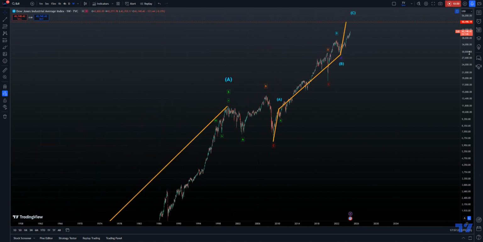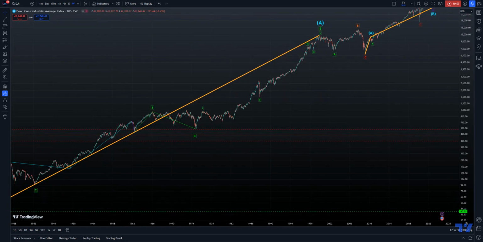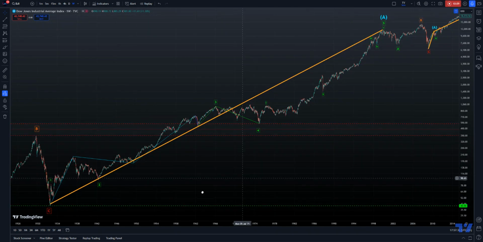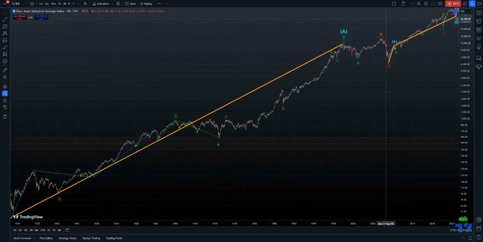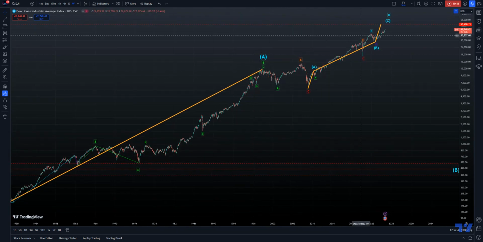So, okay, let's just say we zoom out a little, go back, we could see the beginning of that move since the Great Depression. You've got a 5-wave move, 5 waves up, right? You've got a small A, B, C, large D. Where's the E? Well, from observing markets and analyzing charts, I believe that markets do like a few things.